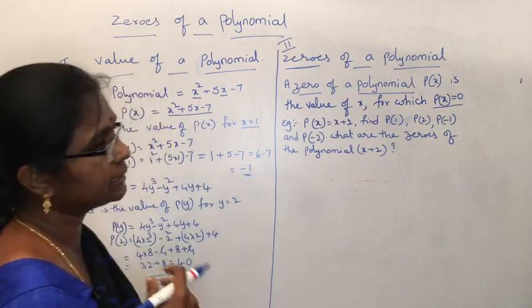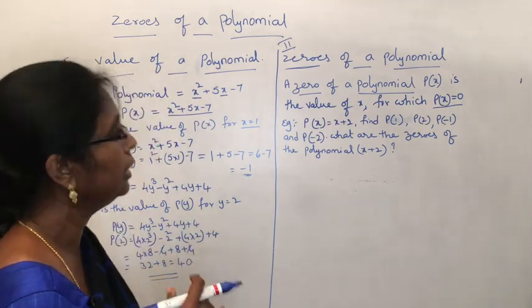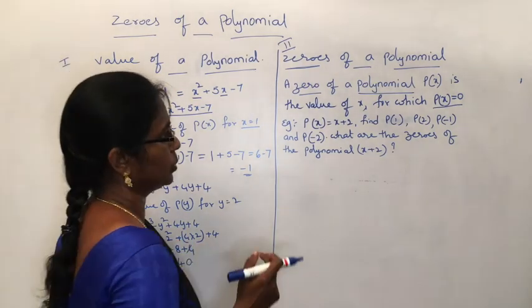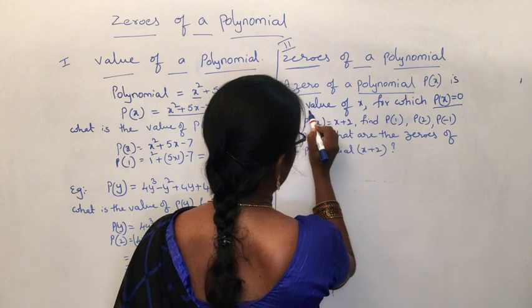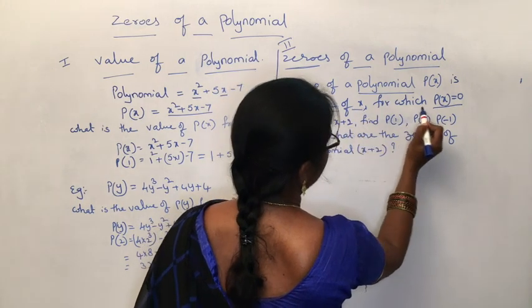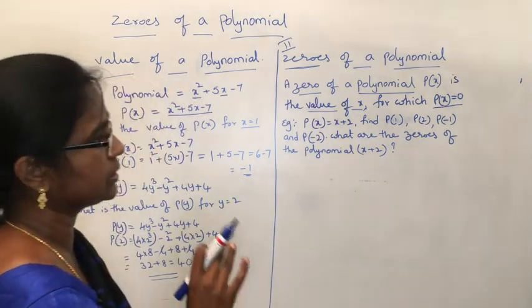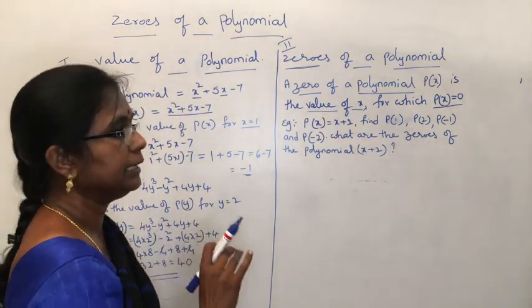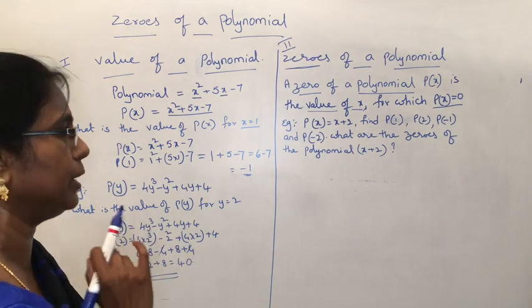Then we can also call this a root of the polynomial. A zero of a polynomial we can call a root of the polynomial also. Now a zero of a polynomial P of x is the value of x for which P of x is equal to 0. When you substitute some value in the polynomial, the answer must be 0. Then that is called a zero of the polynomial.